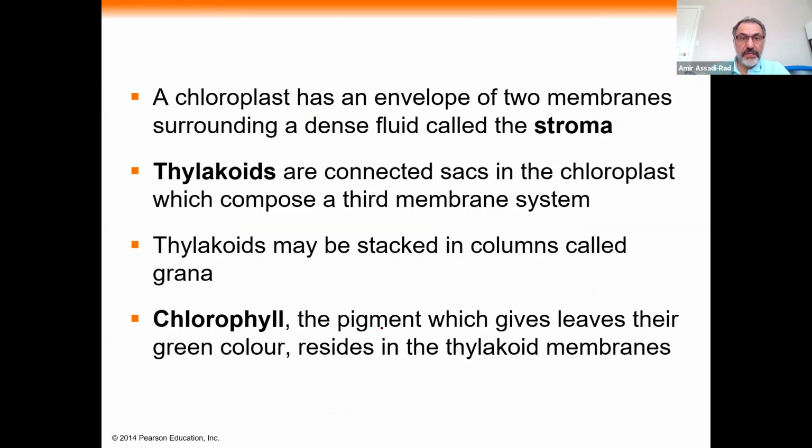Okay, we talked about it. The dense fluid surrounded is called stroma. Thylakoids are each stack, and the connected stacks in the chloroplast compose the third membrane system. The chloroplast itself has a membrane, and then I ground them up for you in the lab. The thylakoids may be stacked in a column.